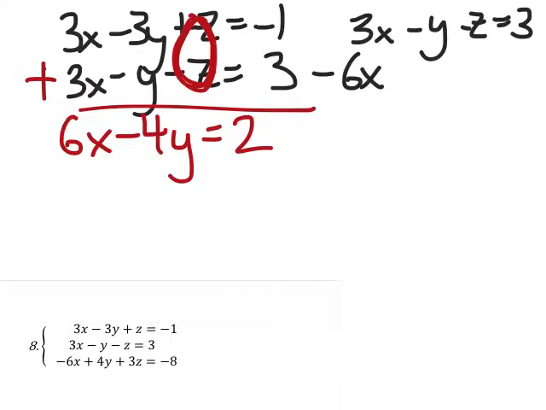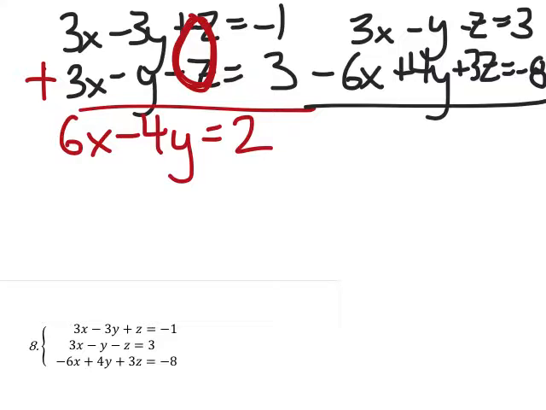Negative 6x plus 4y plus 3z equals -8. Alright, with these two, it looks like I need to eliminate the z's. And since there are already opposite signs, I need to multiply this top equation by 3, okay?